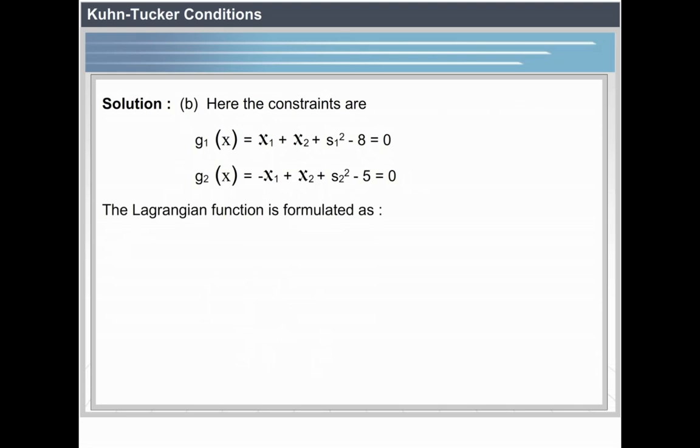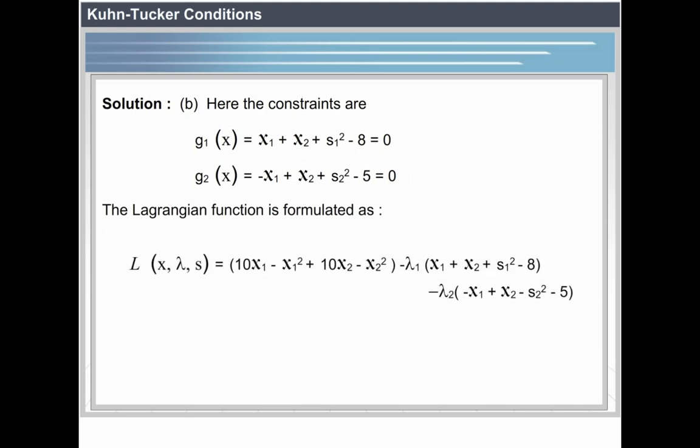The Lagrangian function is formulated as L(x, λ, s) = 10x1 − x1² + 10x2 − x2² − λ1(x1 + x2 + s1² − 8) − λ2(−x1 + x2 + s2² − 5).